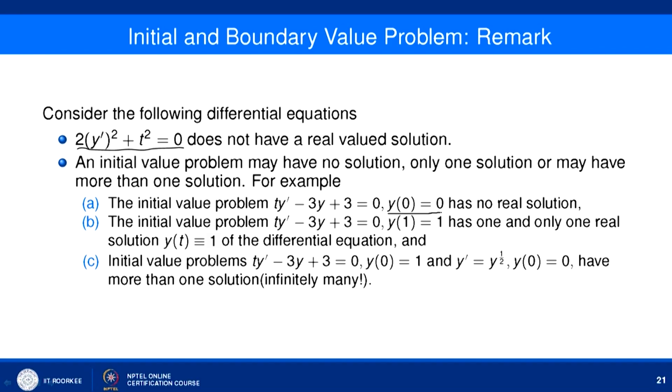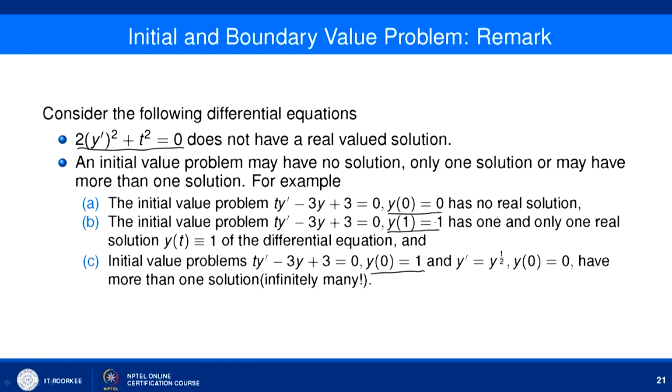In A it is y(0) equal to 0, in B it is y(1) equal to 1, and in C it is y(0) equal to 1. So in all three cases the condition is given at only one point, and the only thing changed is the values.